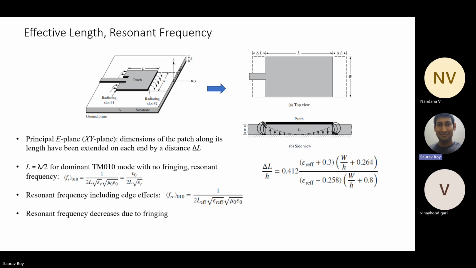Do you remember the definition of the E plane? The E plane is the plane having the electric field direction in the aperture of the radiator patch, and also the direction of maximum radiation, or broadside radiation, where we want maximum radiation.